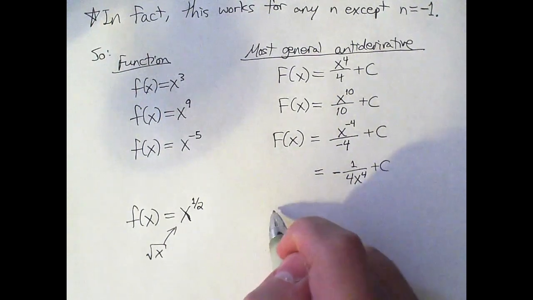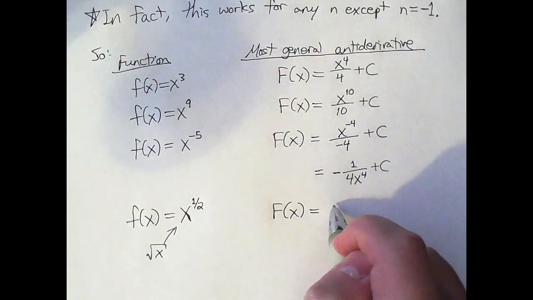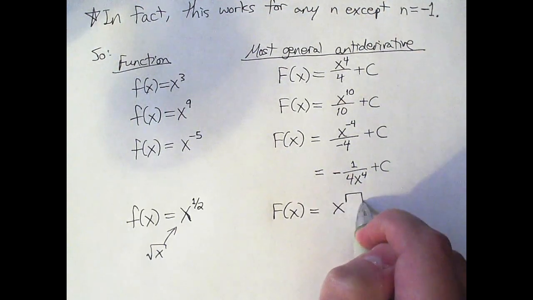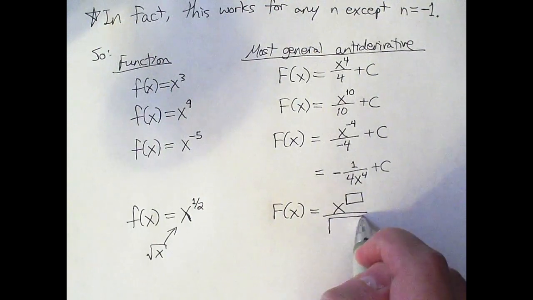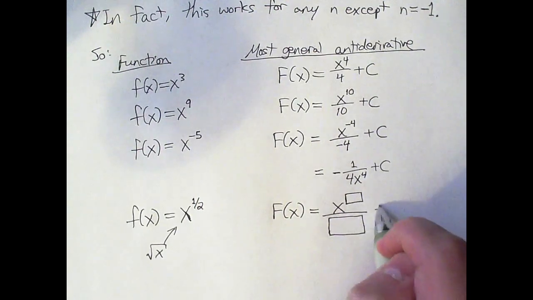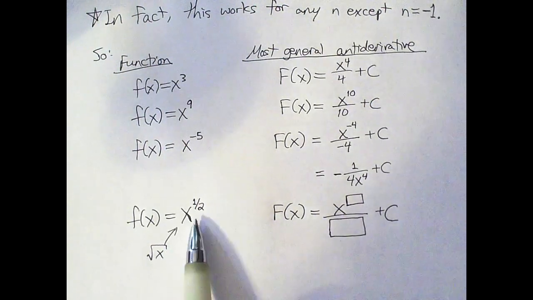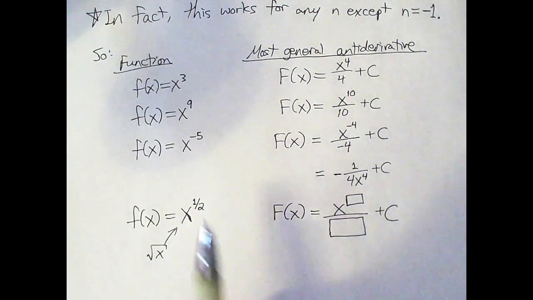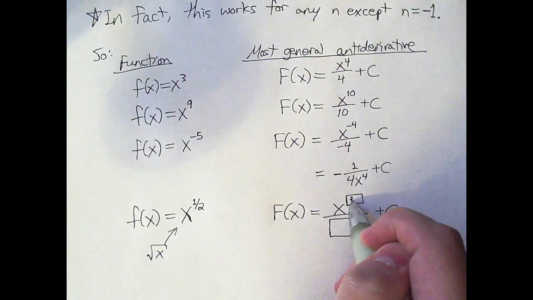Well, we could try to apply this rule. So we need x raised to a power, and then we're going to be dividing by something, and we're going to have a plus c. So what needs to go here? If n is 1/2 and we want to do n plus 1, what happens when you add 1 to 1/2? You get 3/2.